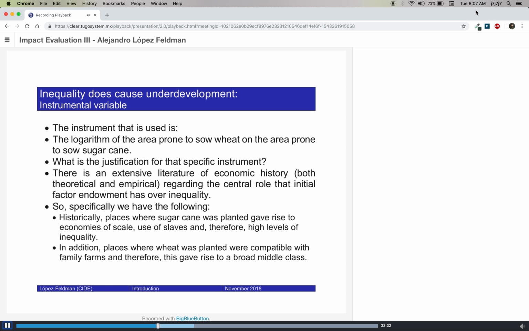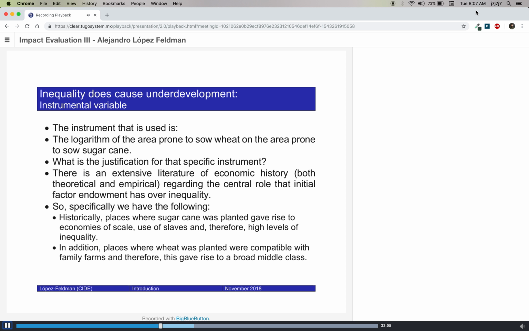Well, this is not something that they are just coming up with. They have broad literature, empirical and theoretical, that talks about the central role that initial factor endowment has over inequality. And of course, there is a lot of scientific evidence, theoretical and empirical, that says that inequality is a phenomenon that moves slowly. So we can have the historical roots of inequality.